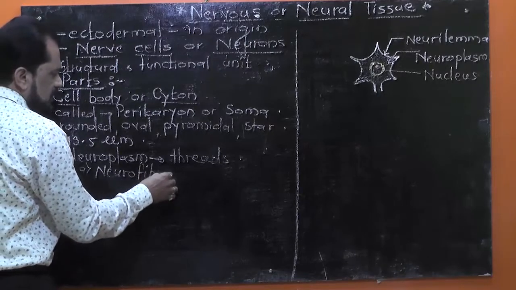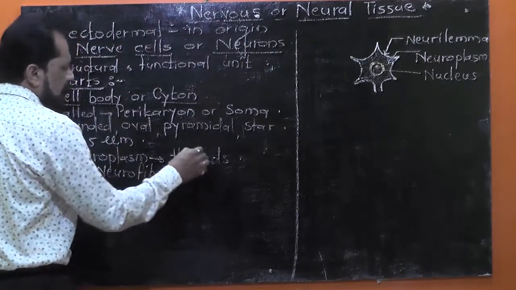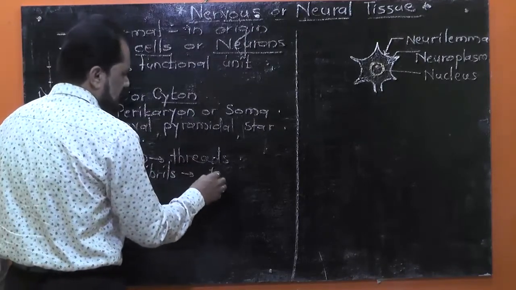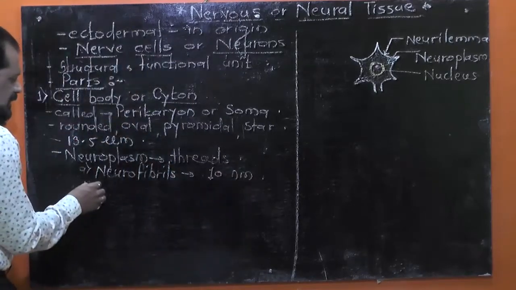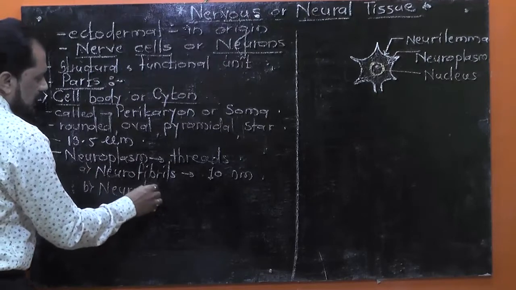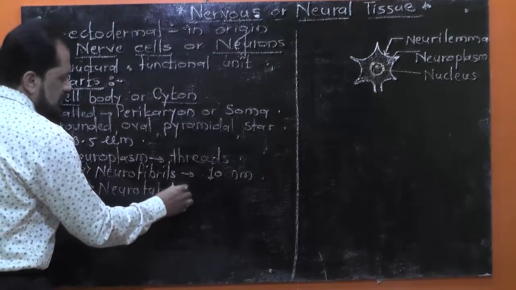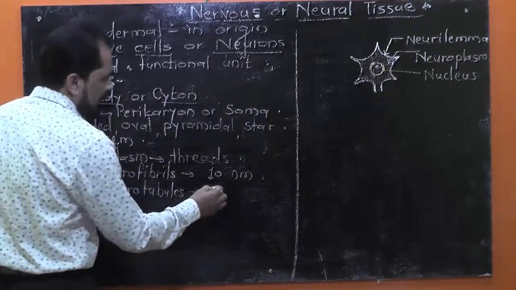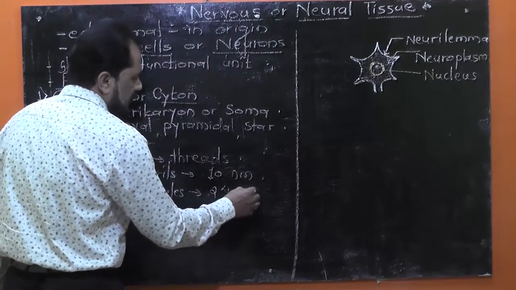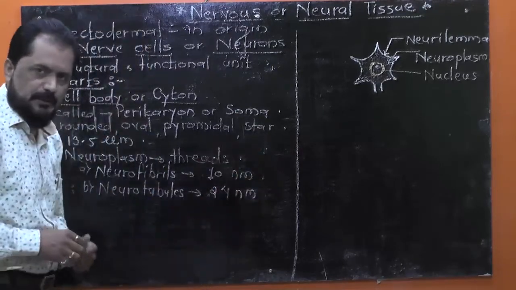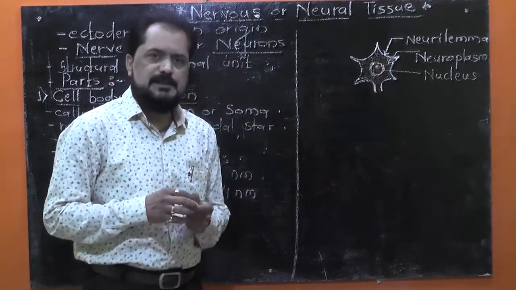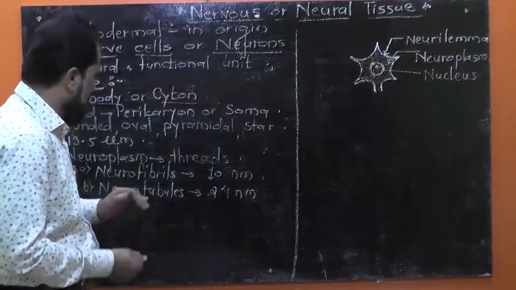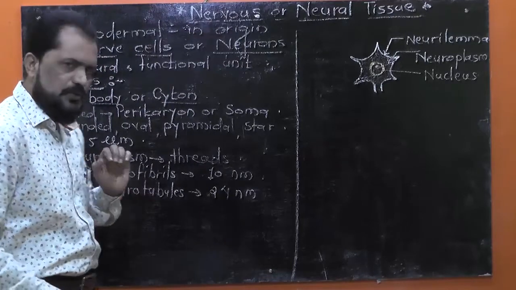These neurofibrils are very fine threads having the diameter of just 10 nanometer, and slightly thick threads called neurotubules with diameter of near about 25 nanometer. So I said that the neuroplasm consists of two types of threads, neurofibrils and neurotubules.